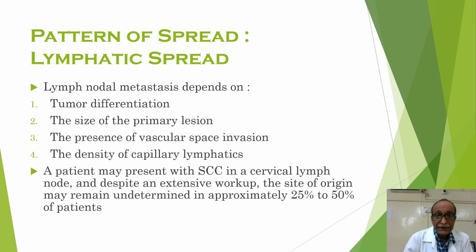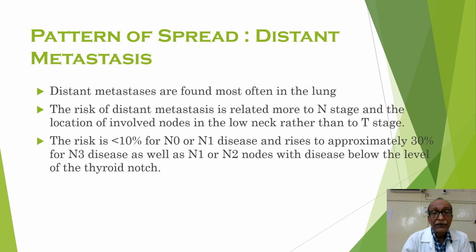In any case, with squamous cell cancer in a cervical lymph node, despite an extensive workup, the site of origin may remain undetermined. Such cases are called squamous cell cancer of unknown primary origin and are treated on a different line. Distant metastases are found most often in the lung.